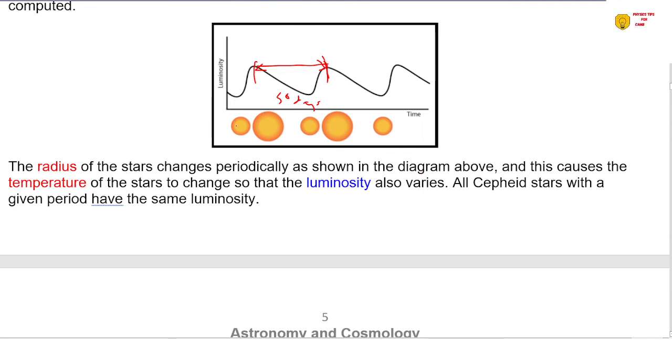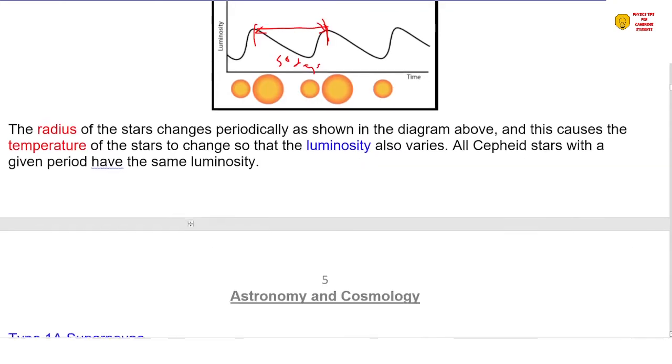When the radius of the star changes periodically, the temperature also changes, so that the luminosity also varies. So all Cepheid stars with a given period have the same luminosity, like I said.